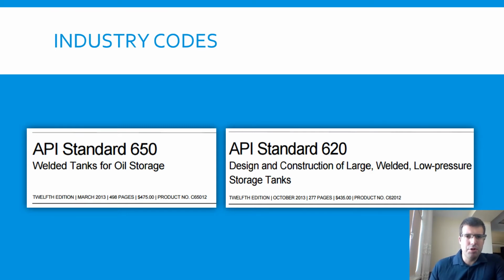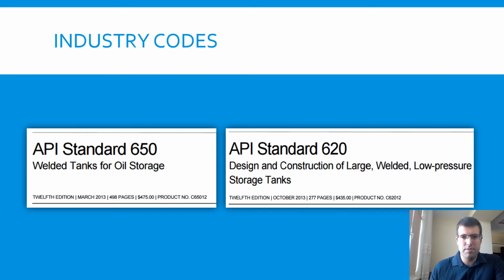In terms of the industry codes, the two most popular codes utilized in the oil industry are API standard 650 for the welded tanks, and API standard 620. If you remember, there were two. There were atmospheric pressure tanks in the previous slide.